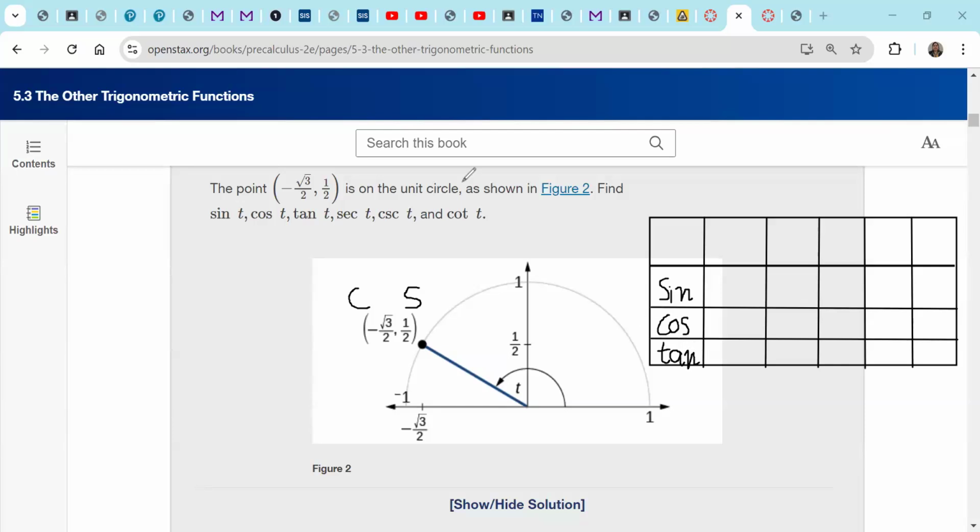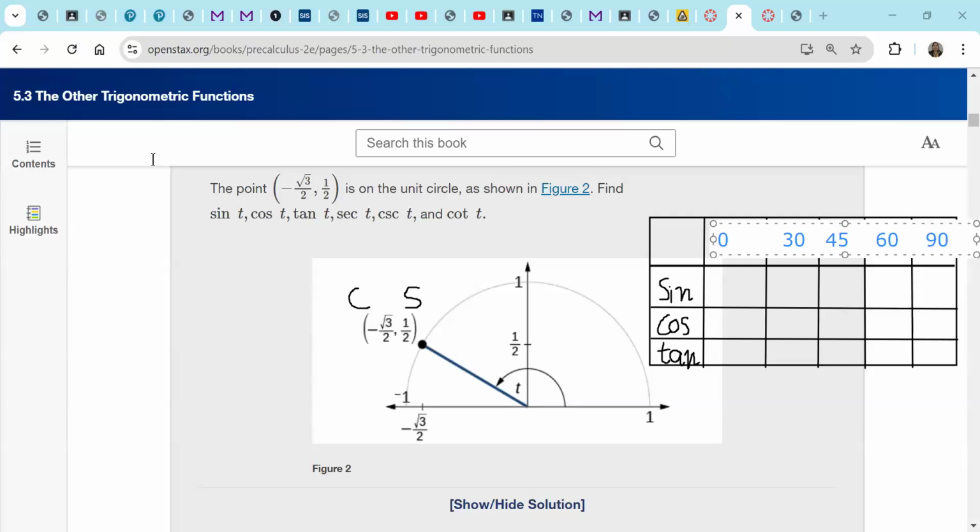And then I taught you last time the values of sine and cosine at 0, and at 30, and at 45, and at 60, and at 90.